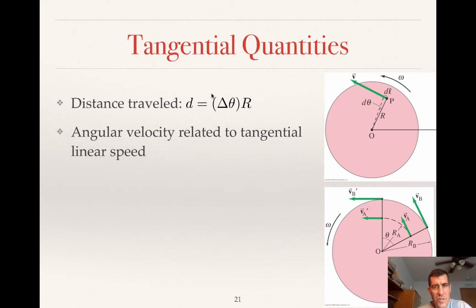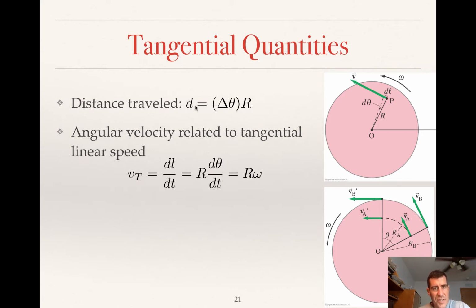Once you know this, you can relate the angular velocity to the tangential linear speed. The tangential speed, the green arrow in the diagram here, is the instantaneous velocity of point P, this green vector v. It's the time derivative of the distance traveled. Sorry, I switched letters here.